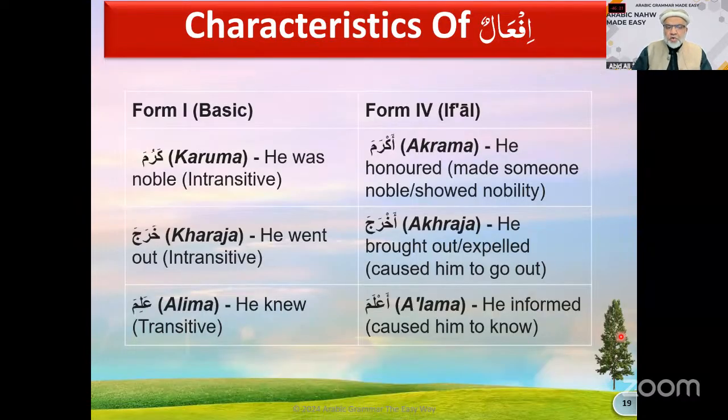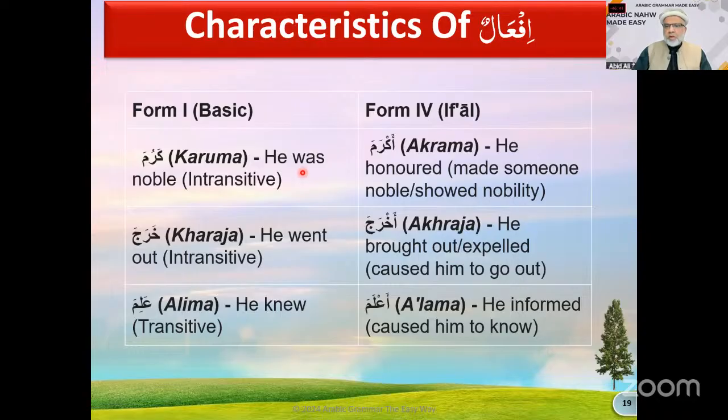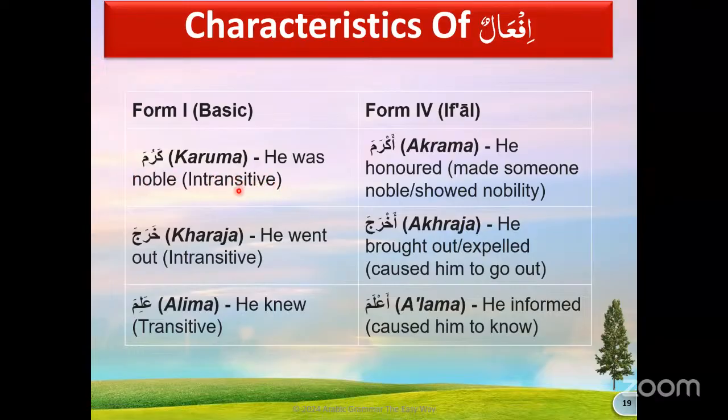If I say karuma, is it basic form 1? Yes, Mujarrad. Okay, so that means he was noble. Now who has the action of being noble? Himself. And is it intransitive, with the subject only? Yes. Intransitive means fi'l lazim.